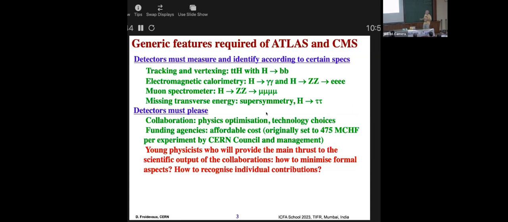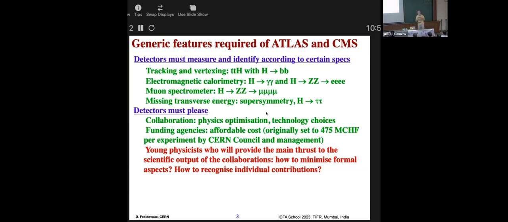And finally, and this is important to you, especially for your future, the young physicists who will provide the main thrust to the scientific output of the collaborations. In Atlas and CMS, we have typically 1,000 PhD students doing their work at a given moment in time. 1,000 PhD students is such a huge thing. And they produce a lot of scientific output. And how does one recognize individual contributions?